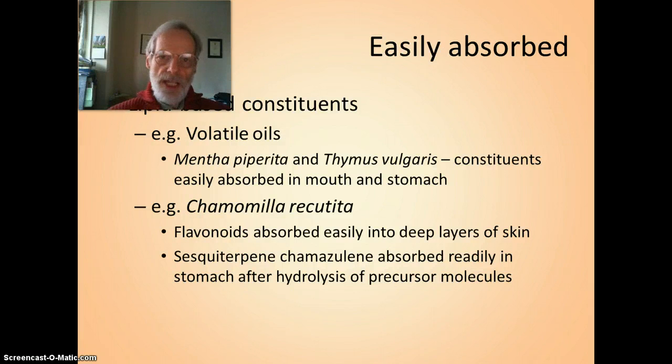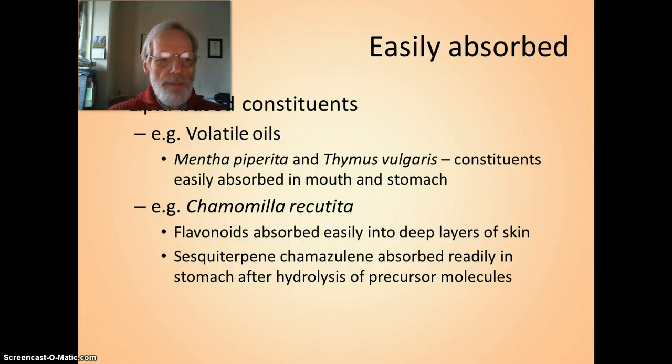The sort of things that are easily absorbed. Well, obviously lipid-based constituents, because they can just kind of squirt straight through the cell walls. Volatile oils, so a lot of the constituents in Mentha piperita, Thymus, these are easily absorbed in mouth and stomach, let alone in the intestine.